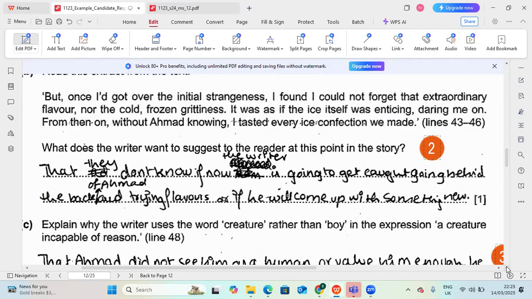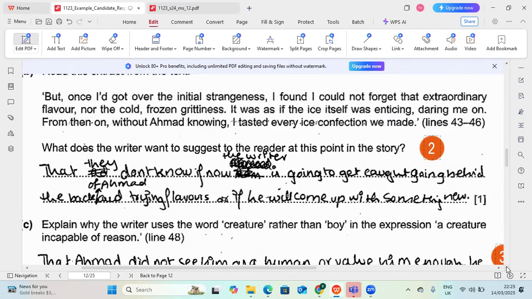What does the writer want to suggest to the reader at this point of the story? Who can answer this question? There are multiple responses to this question, by the way. Look at the text, what is it saying?